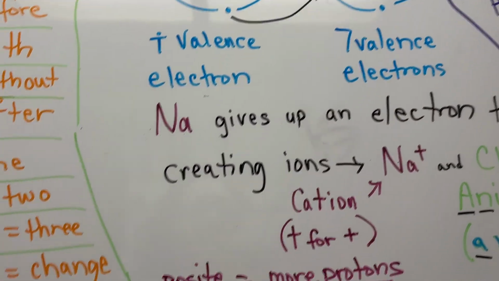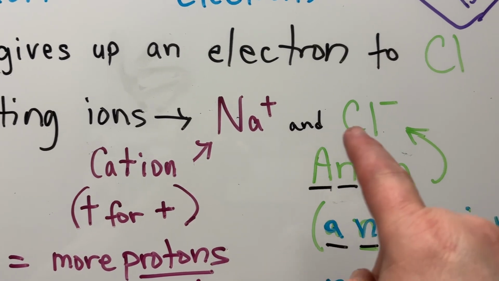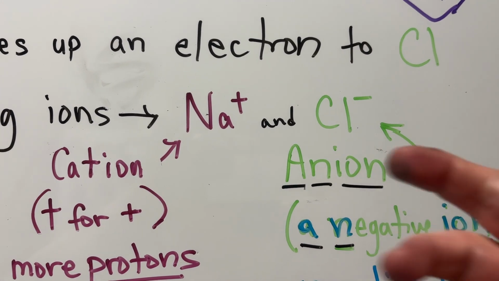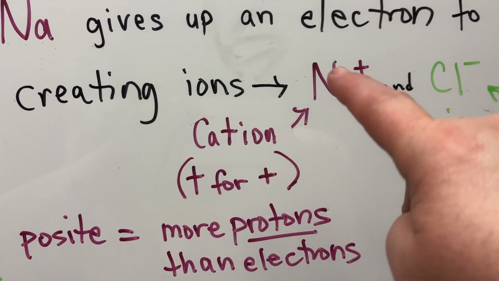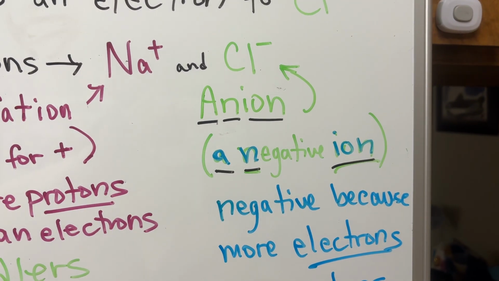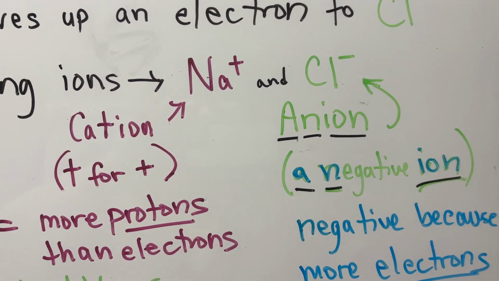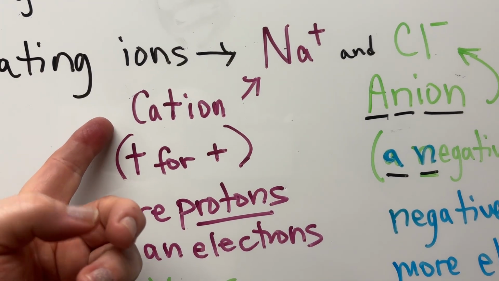So then what do you get? You get a sodium ion and a chlorine or chloride ion. So you get a positive sodium ion and a negative chlorine ion. If you remember, and if you don't, that's all right, we're about to talk about it.